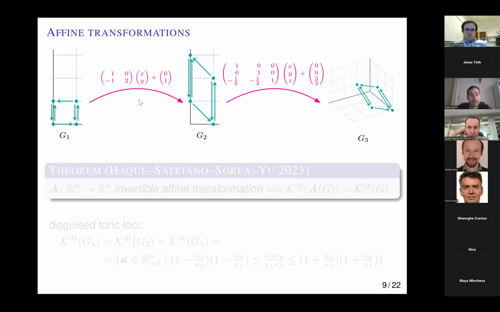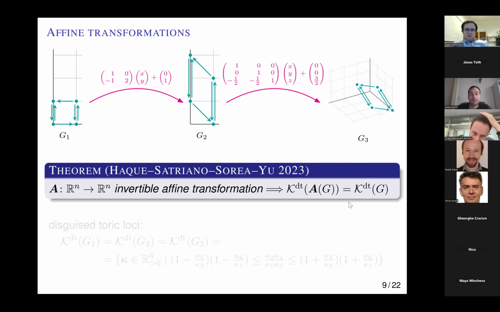and the two are related by an invertible affine transformation, then the disguised toric locus of the original one and the disguised toric locus of the new one, the one which I get by applying the invertible affine transformation, is absolutely the same.